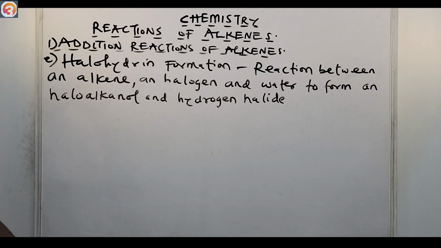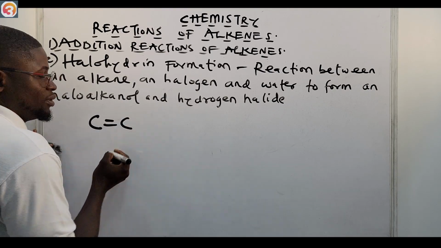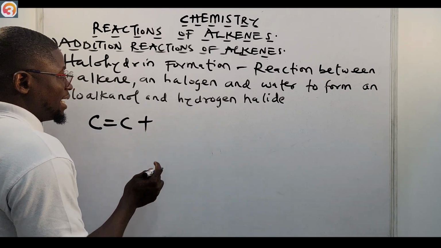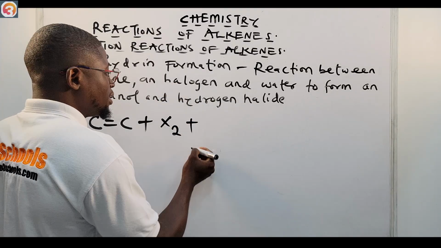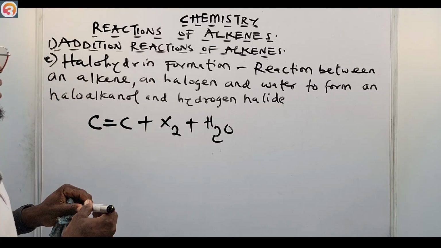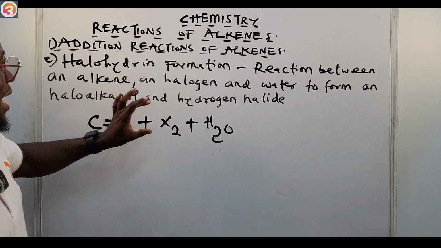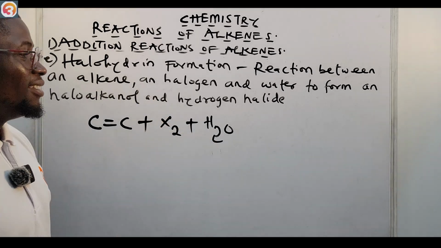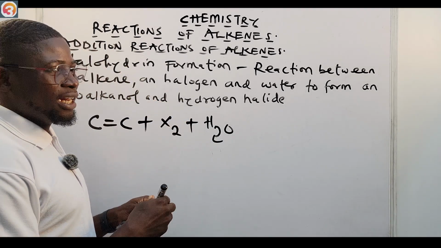Let us see the general formula for the reaction. That means we have an alkene like this, C double bonded to C, plus a halogen, let's say halogen X2, plus water. So these are the reactants. There are going to be 3 reactants: an alkene, a halogen, and water, resulting in the formation of a haloalkanol and hydrogen halide.